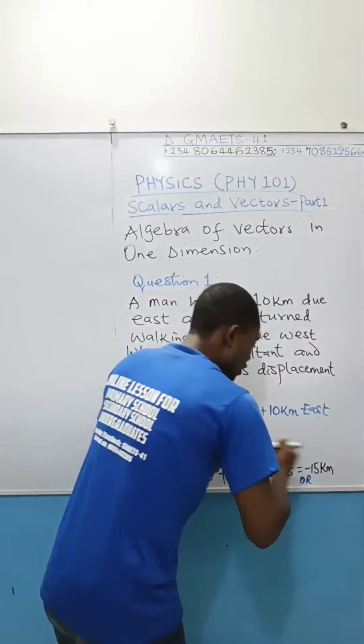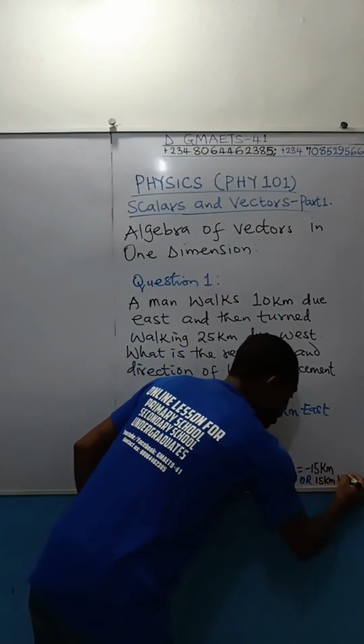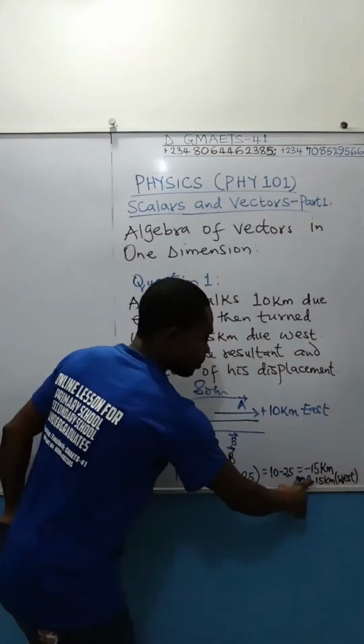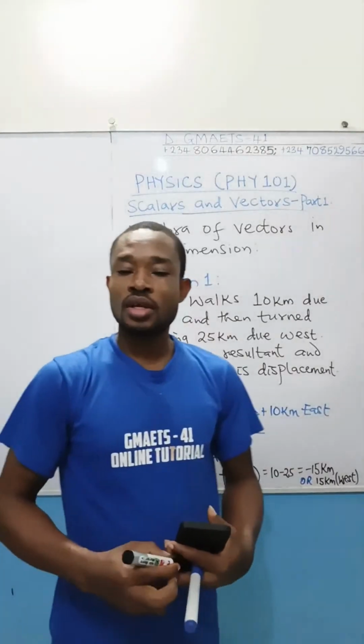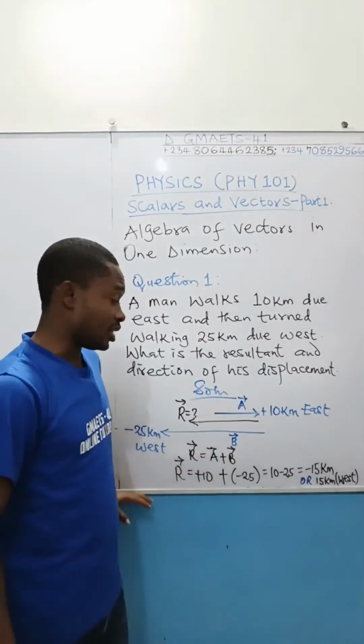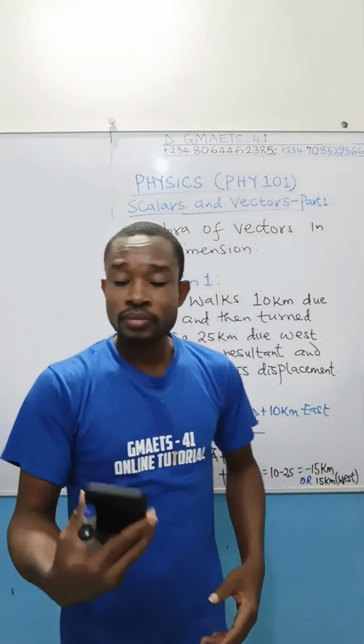So I can write 15 km west, without the minus. But with my diagram and the sign convention I selected, if I have minus 15 kilometers, I may not put west anymore.